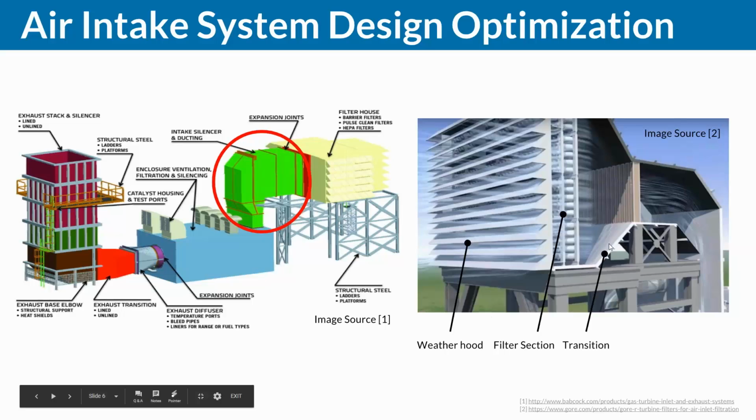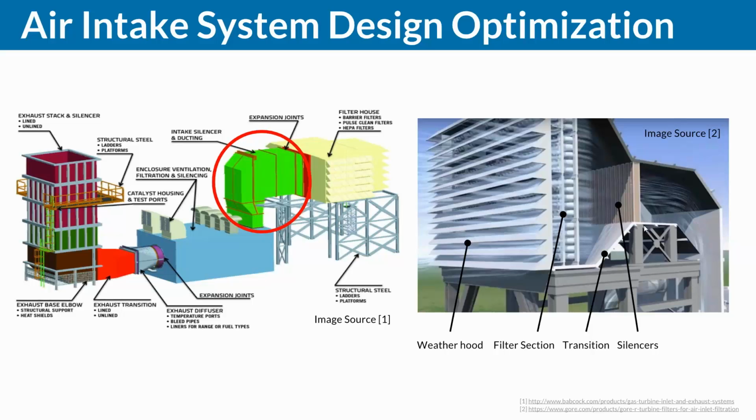And a transition part, where we change cross sections to dock to the gas turbine's cross section, and then silencers. Oftentimes there are also constraints our customers face to make sure that the noise level is acceptable. And then last but not least, you want to change the direction of the fluid to bring it to the gas turbine or to whatever component will consume this air.